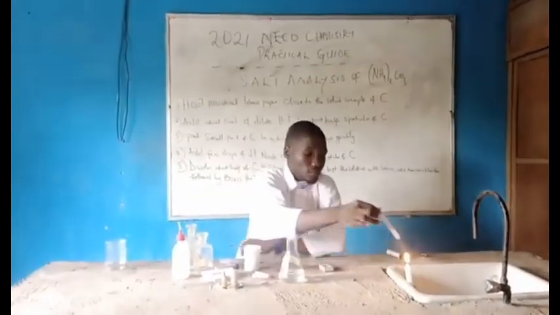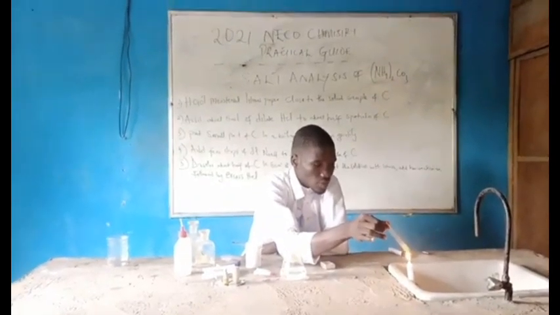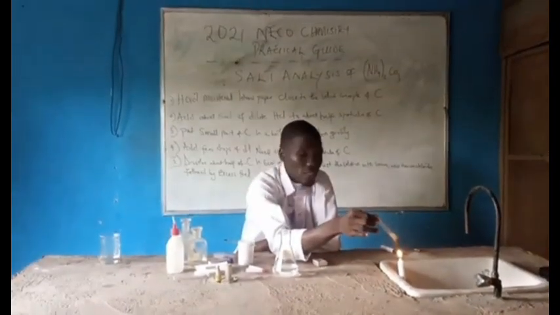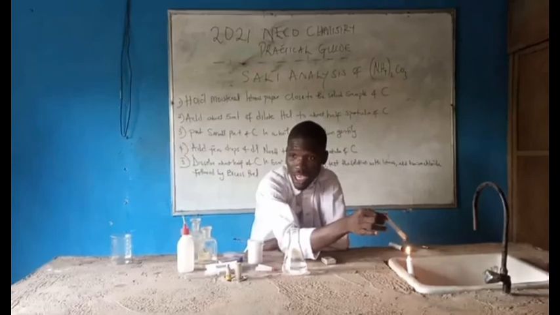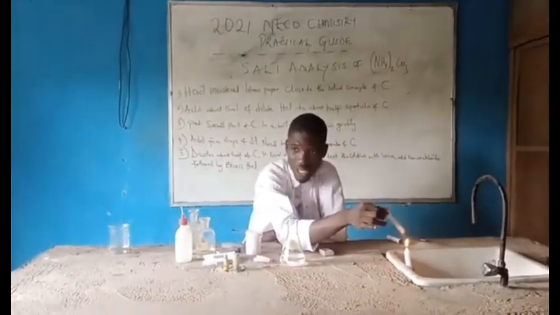So let's see. How do you place it? Under your test, your sample C plus dilute sodium hydroxide plus dilute HCl. So we want to observe it now.